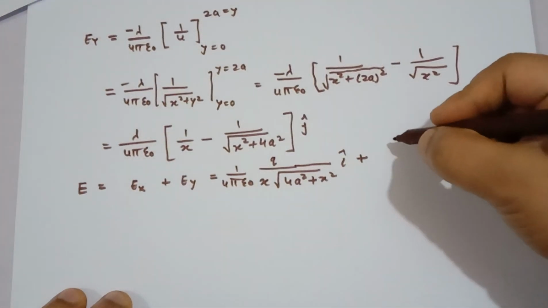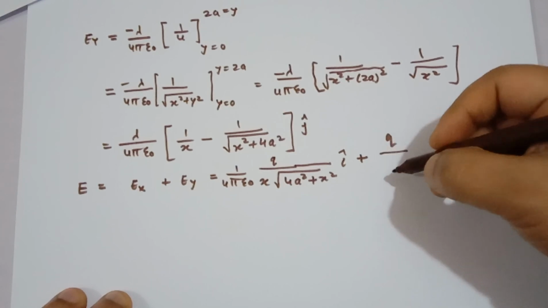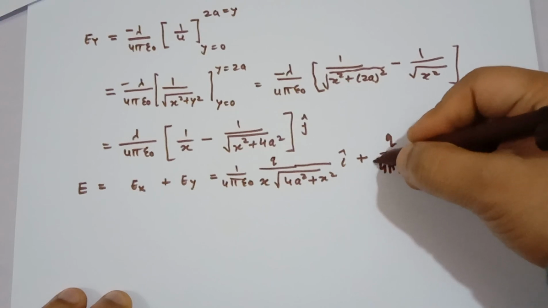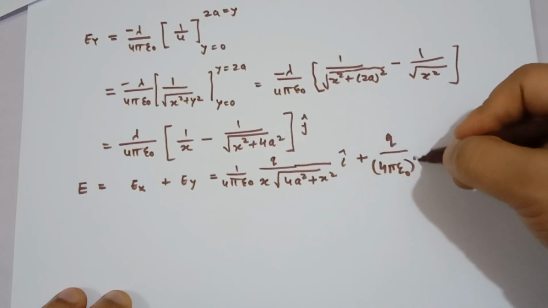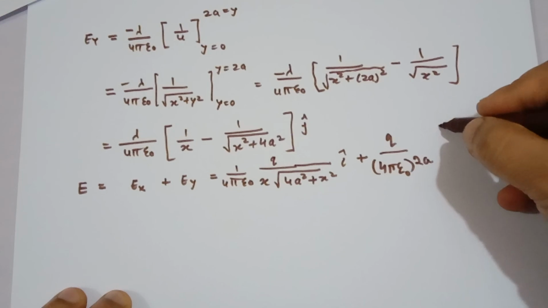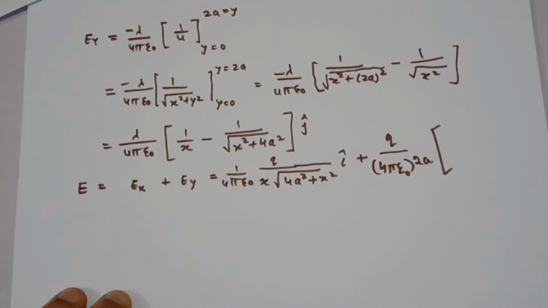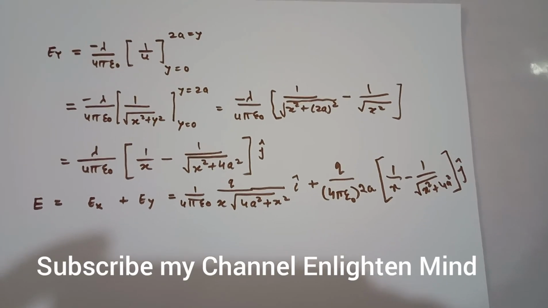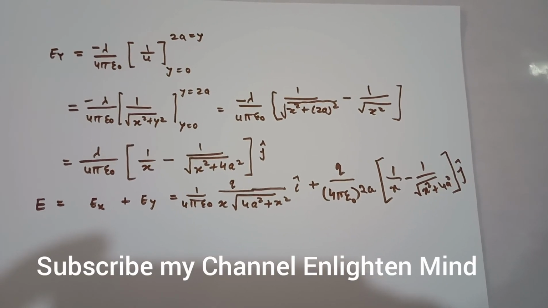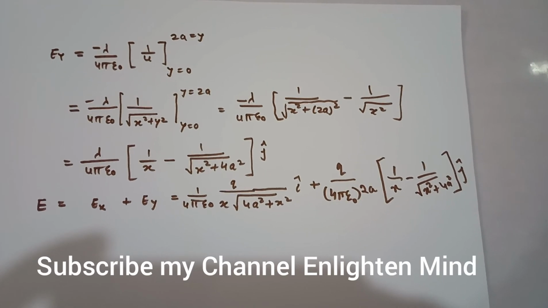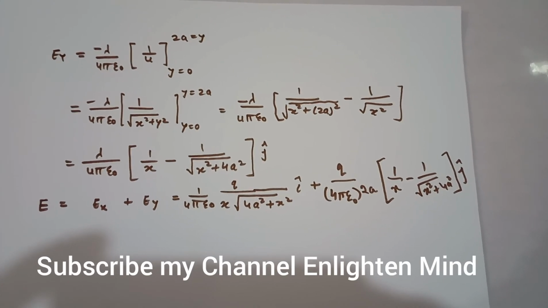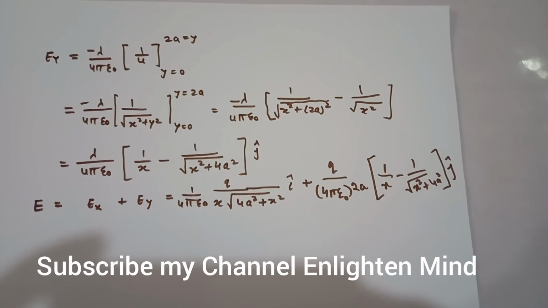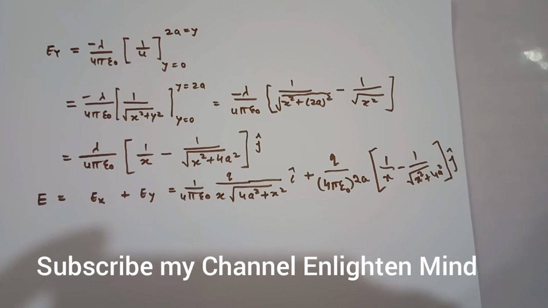So that would be basically q upon 2a means 4 pi epsilon naught into 2a. So you can write 2 into a, and here that would be 1 upon x. This is the final expression we have derived, and here the coefficient of the i unit vector represents the electric field along x-axis, whereas the coefficient of the j unit vector represents the electric field along the y-axis.